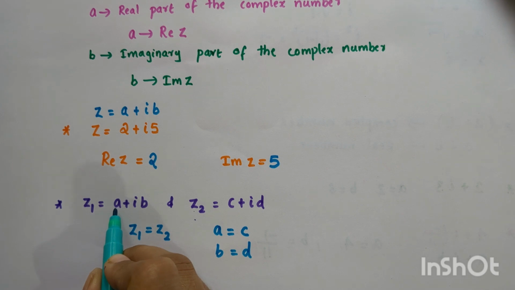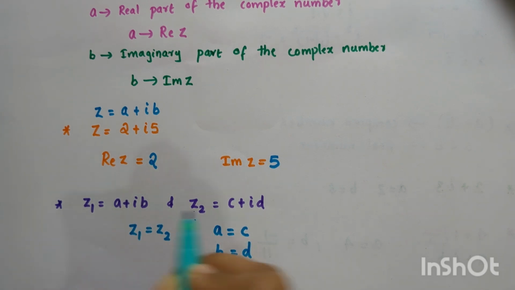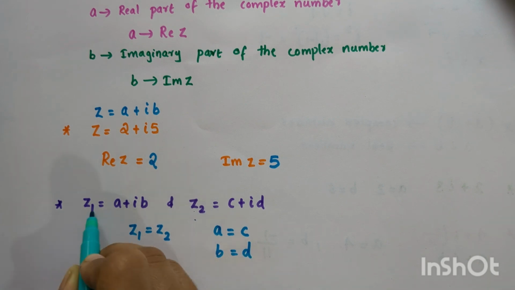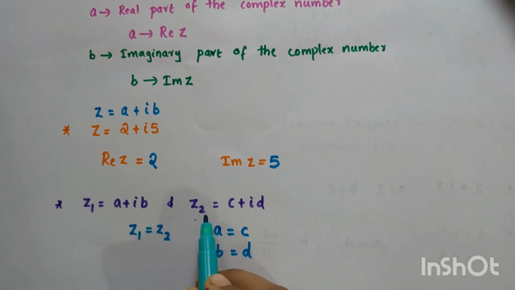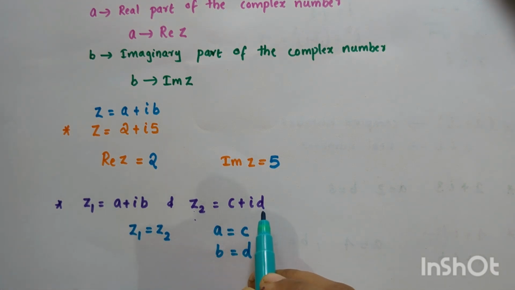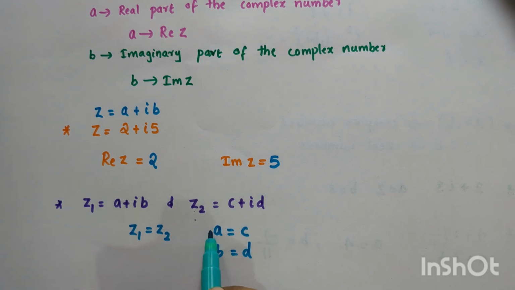That is, the real parts are equal and the imaginary parts are equal. If it's so, then these two complex numbers z1 and z2 will be equal. Okay, so two complex numbers z1 is equal to a plus ib and z2 is equal to c plus id are equal if a is equal to c, real parts are equal, and if b is equal to d, that is, imaginary parts are equal.